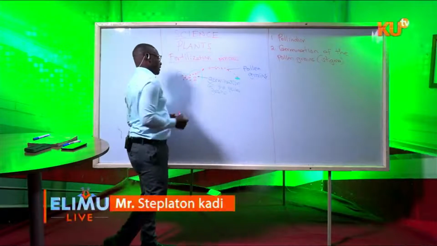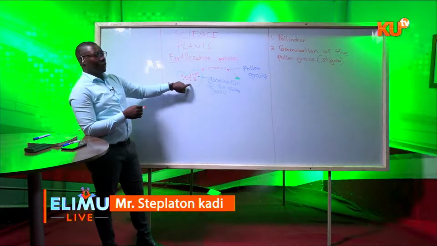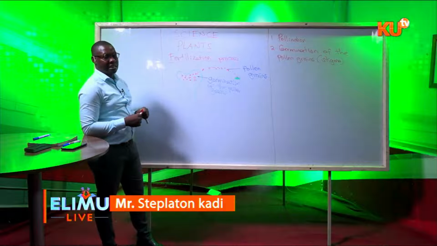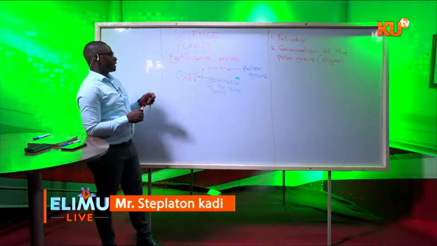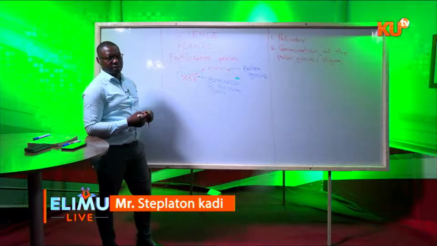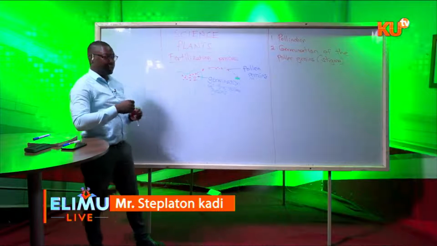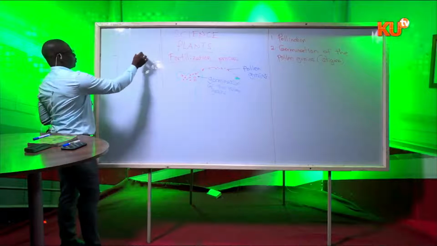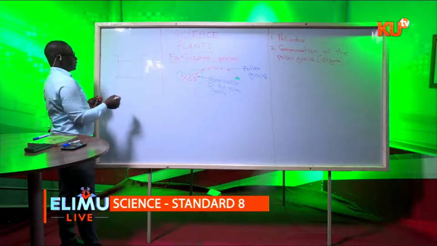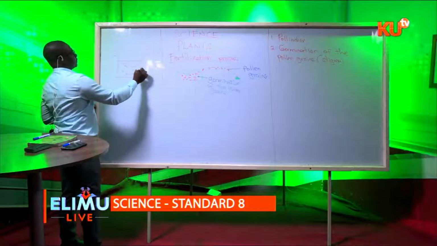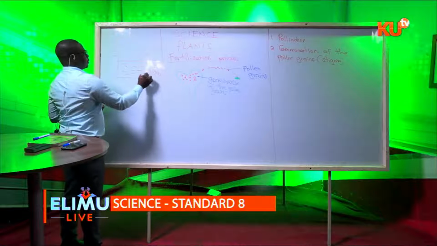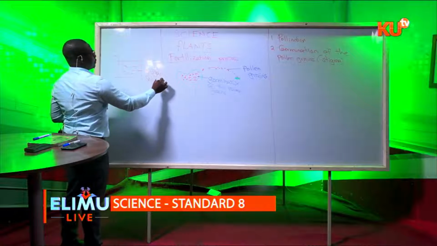Germination of the pollen grains takes place in the stigma. And to investigate this, you can do it practically, whereby you take sugar solution. Sugar solution is a mixture of sugar and water.